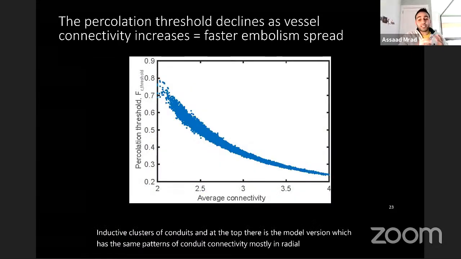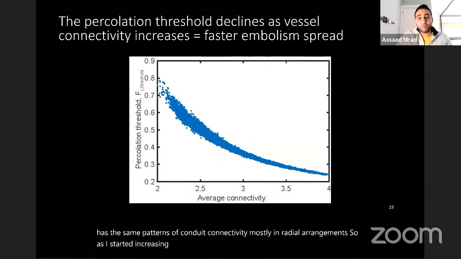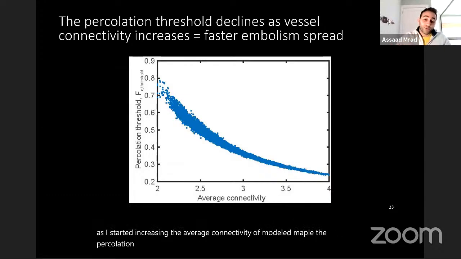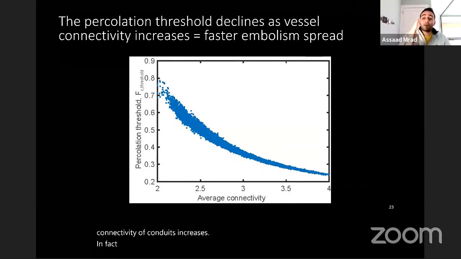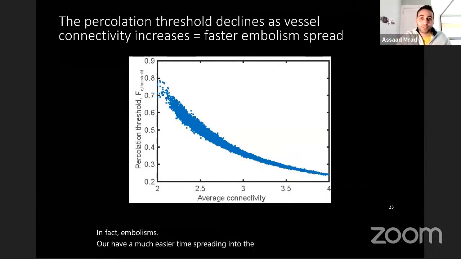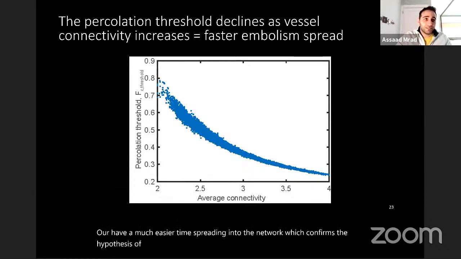So as I started increasing the average connectivity of modeled maple, the percolation threshold decreases. What that means is that as the average connectivity of conduits increases, in fact, embolisms have a much easier time spreading into the network, which confirms the hypothesis of spread speed increasing with connectivity.